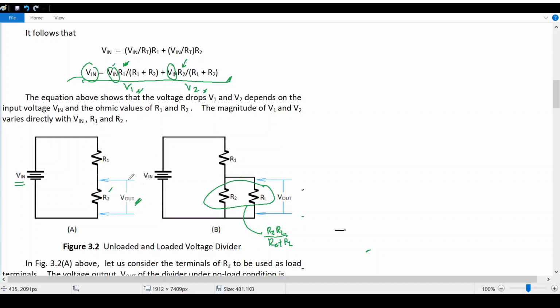So if we are going to connect a load across this resistance R2, we can attain a certain level of voltage V out, and that voltage V out is our objective in this experiment: how this output voltage is affected when a load is connected across the terminals.